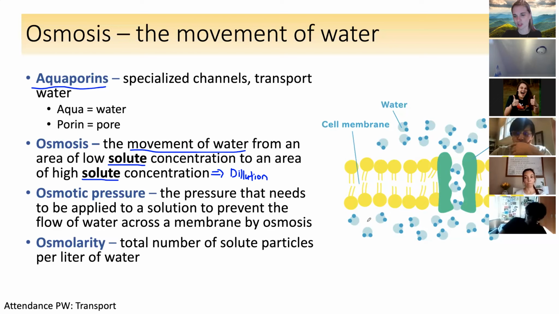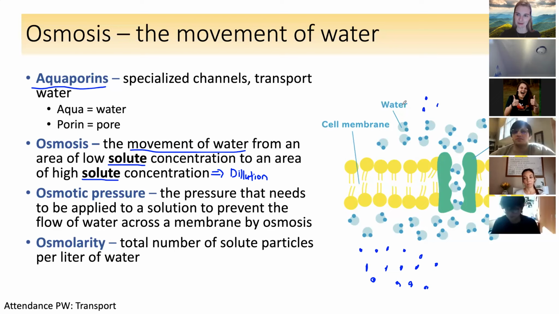If we look at this picture on the right, let's pretend I have a bunch of sugar molecules over here. This blue stuff is sugar, and let's say I only have 3 on this side of my cell membrane. Normally, the sugar would move from an area of high sugar concentration to this area of low sugar concentration. That would be diffusion.